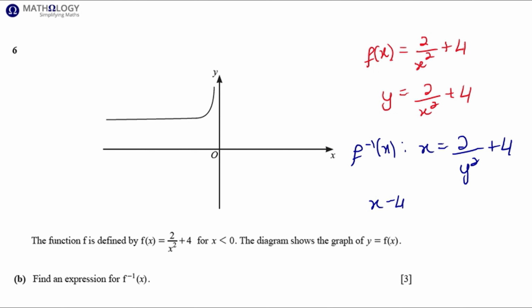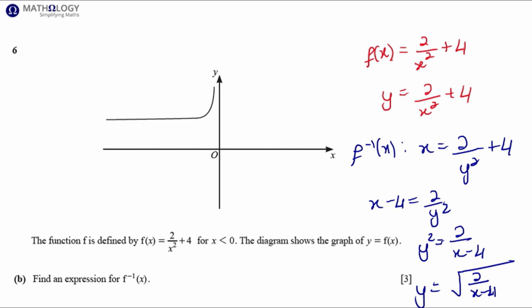So x minus 4 equals 2 over y squared, so y squared equals 2 over x minus 4, y therefore equals the square root of 2 over x minus 4. But because the domain for f of x is less than 0, we must have y being negative for the inverse function. So y will equal minus the square root of 2 over x minus 4. And this is the inverse function of f.